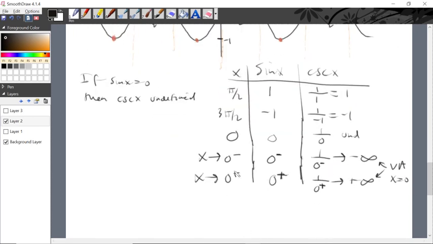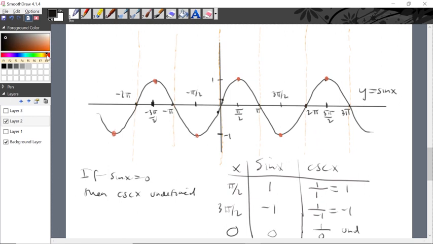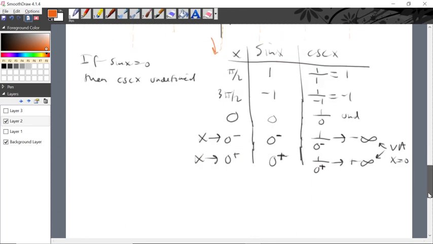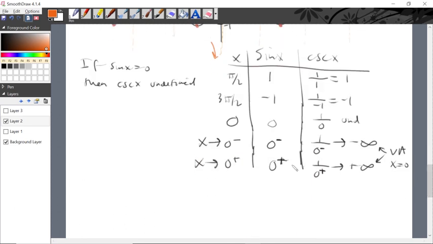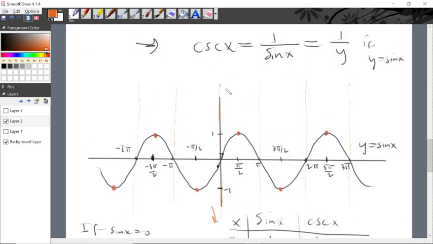So we said, for instance here, if x is approaching the asymptote from the left, we're going to negative infinity on the cosecant graph. And if we are approaching x is equal to 0 from the right, then we're approaching that vertical asymptote by going up towards positive infinity.